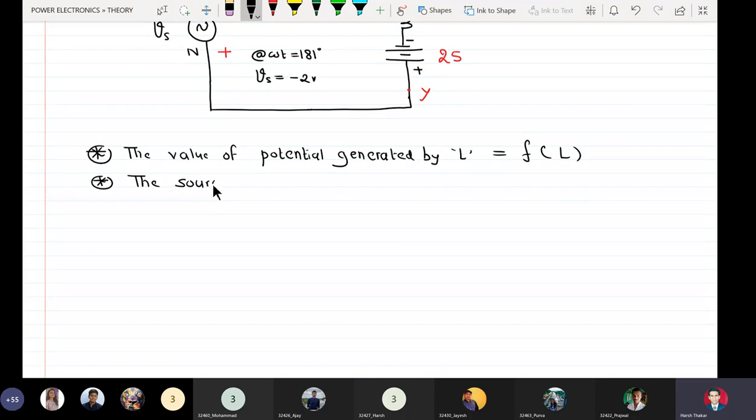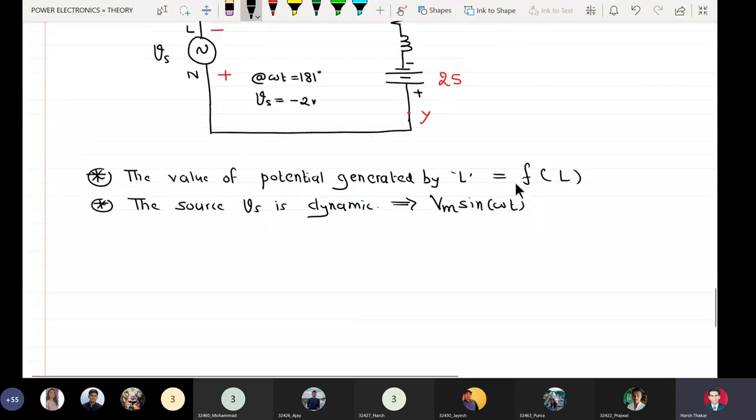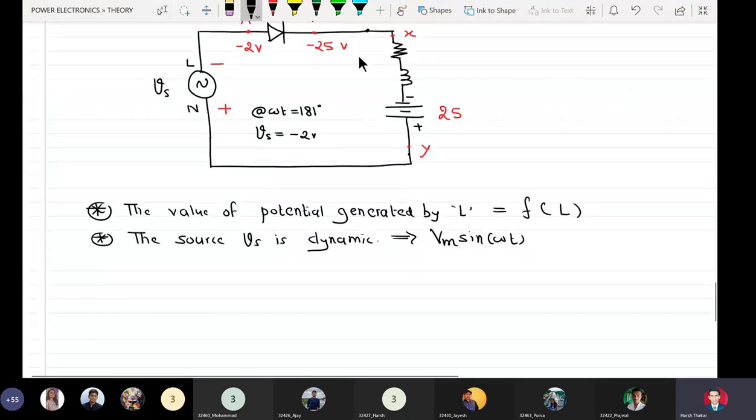the source Vs is dynamic. That means what? It is changing. Why? Because Vs is nothing but equal to Vm sin omega t. So students, please understand that this 25 is actually a constant k, but please understand this value is changing.